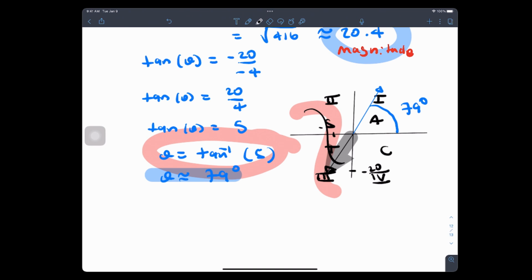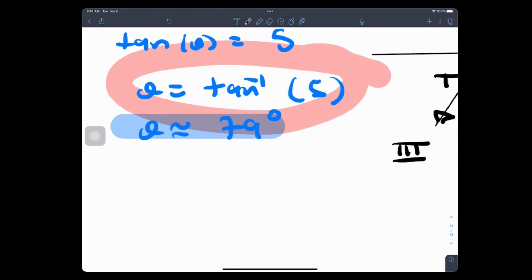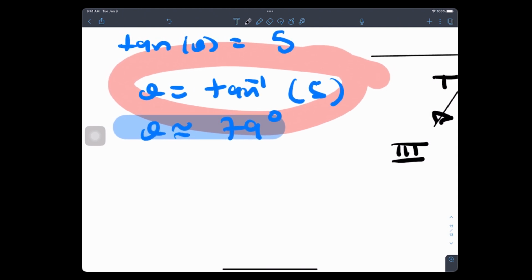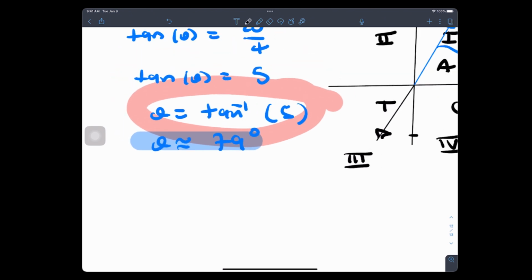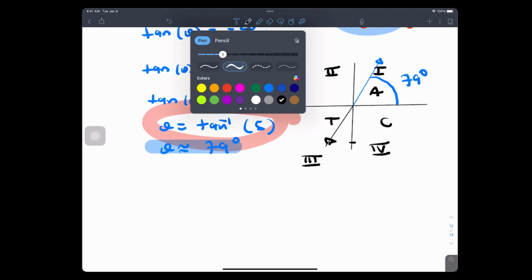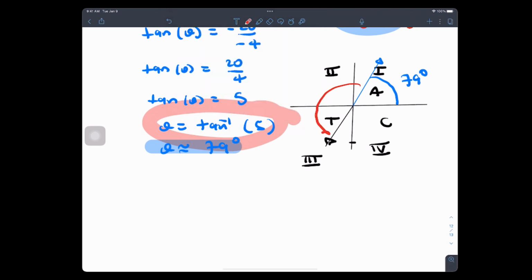So how do you guys think you fix the situation? Because your calculators, ladies and gentlemen, they don't have all the answers. This is why you can't trust them. They're useful tools, but the direction of that vector is not 79 degrees. What is the real direction of this vector? You can do this. Can't you add 180?